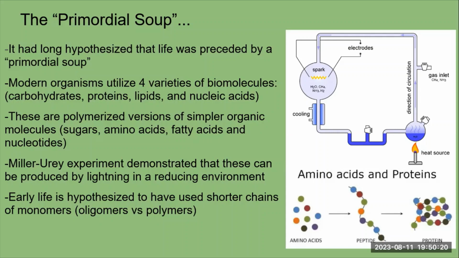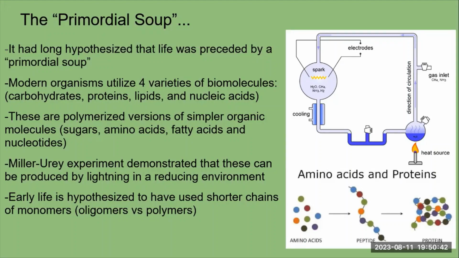Modern organisms utilize four varieties of biomolecules: carbohydrates, proteins, lipids, and nucleic acids. These are essentially versions of simpler organic molecules, namely sugars, amino acids, fatty acids, and nucleotides that have been joined together in long chains, also known as having been polymerized.